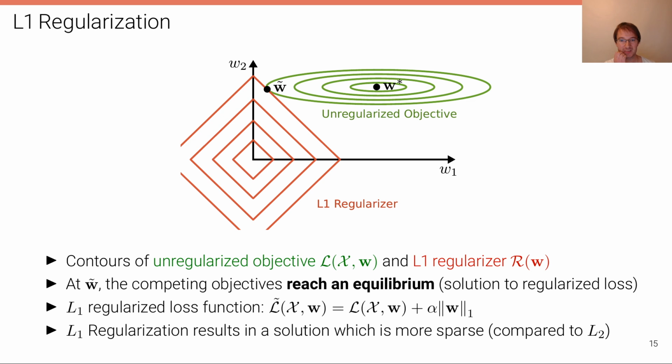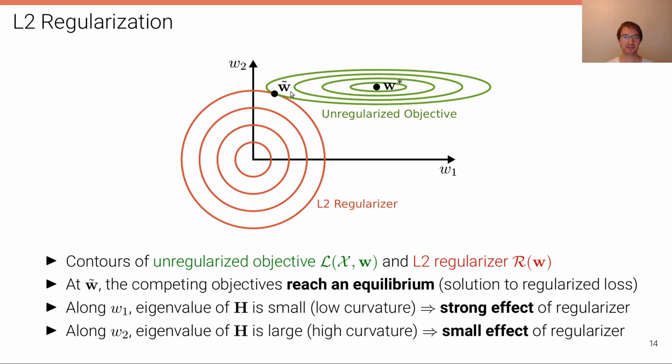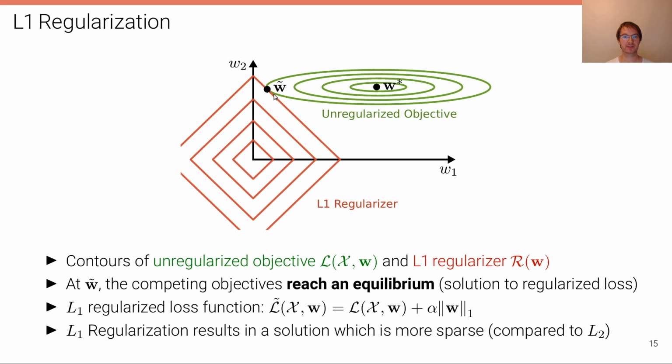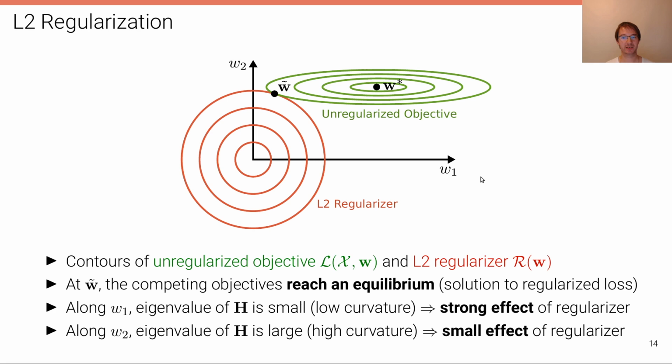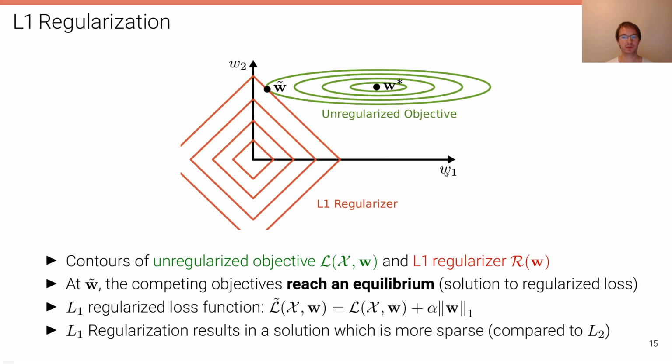We can already see this from this plot here. You can see that compared to the L2 regularizer, now in this case, the W1 parameter is becoming even smaller. So it's trying to squeeze this parameter W1 close to 0, right? While the other parameter is more flexible and free. So this parameter doesn't change much. It becomes even a little bit bigger, but the L1 regularizer tries to make one of these parameters closer to 0.